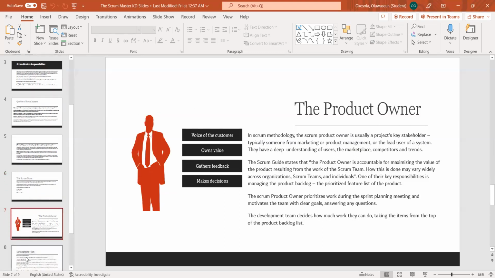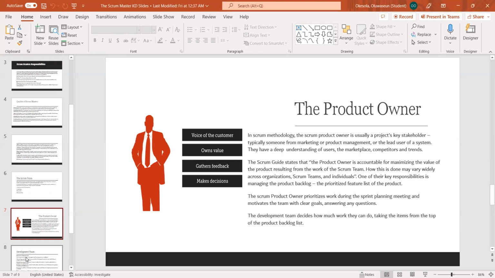So who is the product owner? In Scrum methodology, the Scrum product owner is usually a project key stakeholder, typically someone from marketing or product management, or the lead user of a system. They have a deep understanding of users, the marketplace, competitors, and trends.